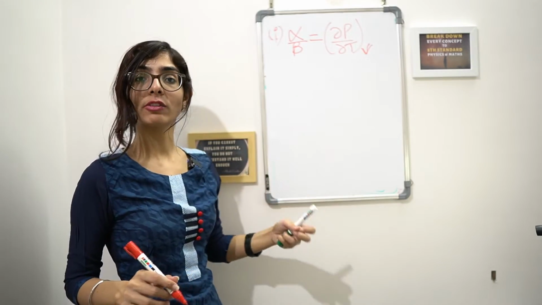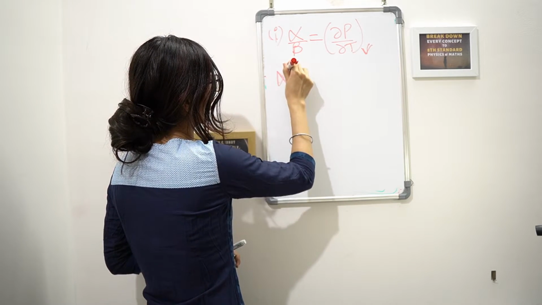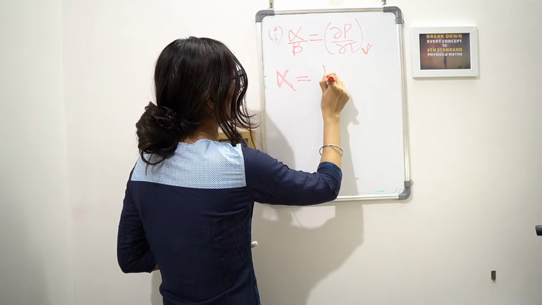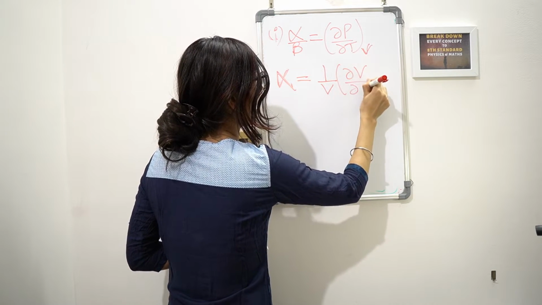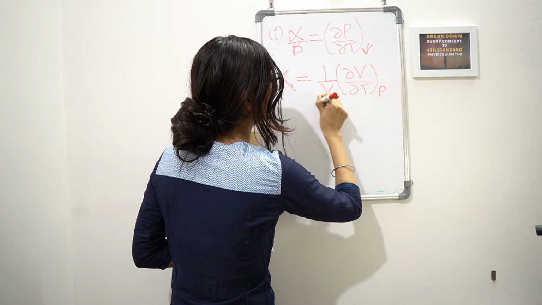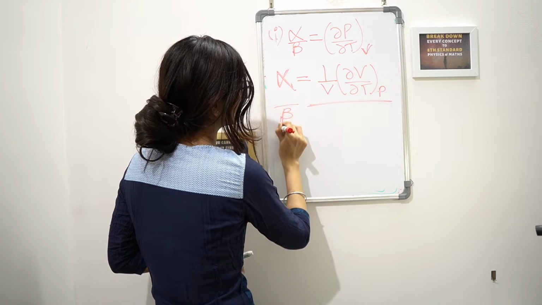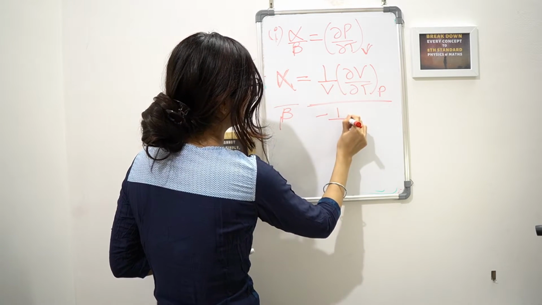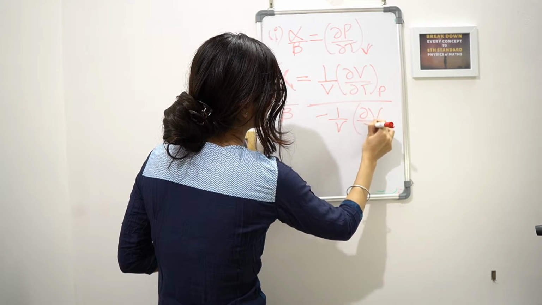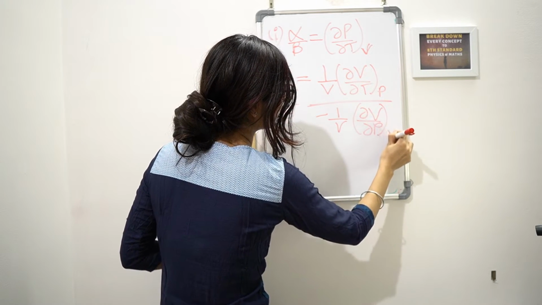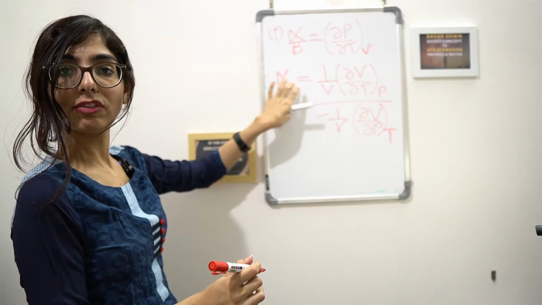So we know what is the formula for alpha, so we will be writing that. Alpha is 1 by V del V by del T at P, divided by beta, which is minus 1 upon V del V by del P at T. Fine guys, this is the formula for alpha and beta.